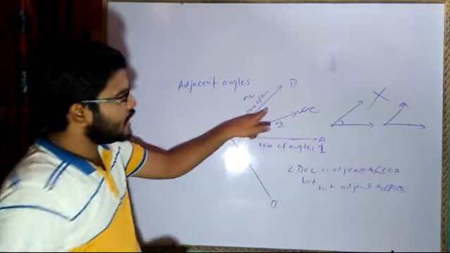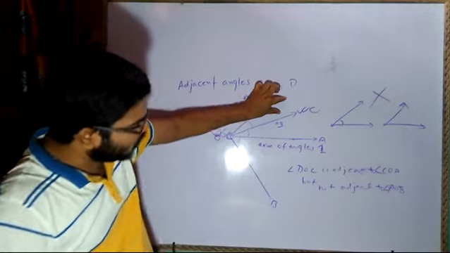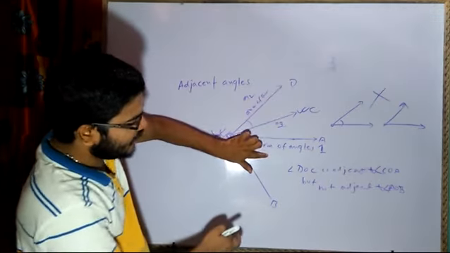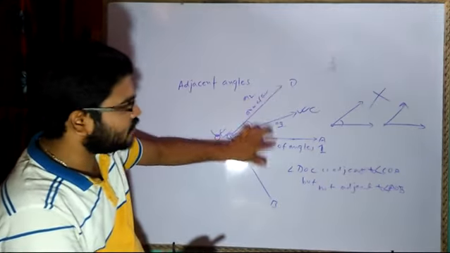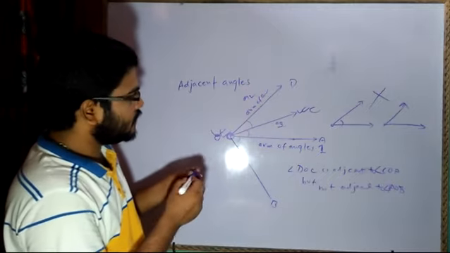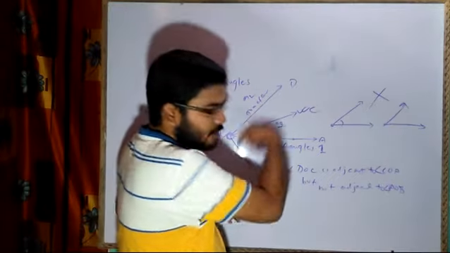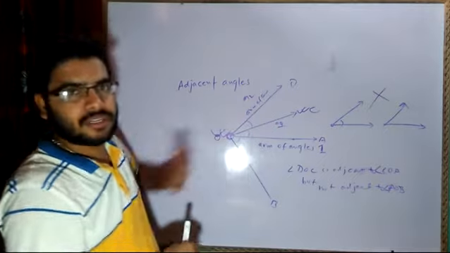So this angle will be adjacent to this angle, but this angle will not be adjacent to that one. But in either case, this middle angle will be adjacent to either this or this.